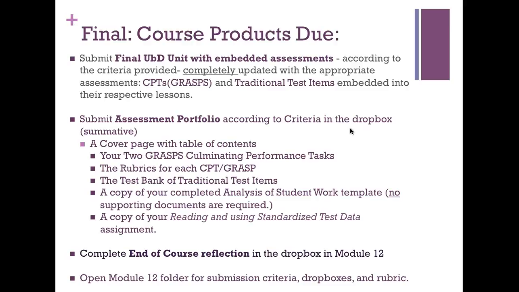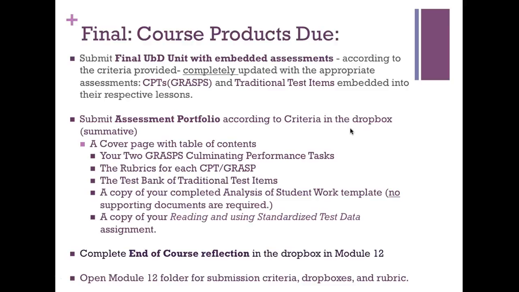So the only thing you have to do to your unit is to embed the grasps and embed the traditional test items into their respective lessons. Where do they go? How do they fit? And the CPTs also just go in their boxes up top, the performance test boxes. And then refer to them, and they should be scaffolded into your lessons.